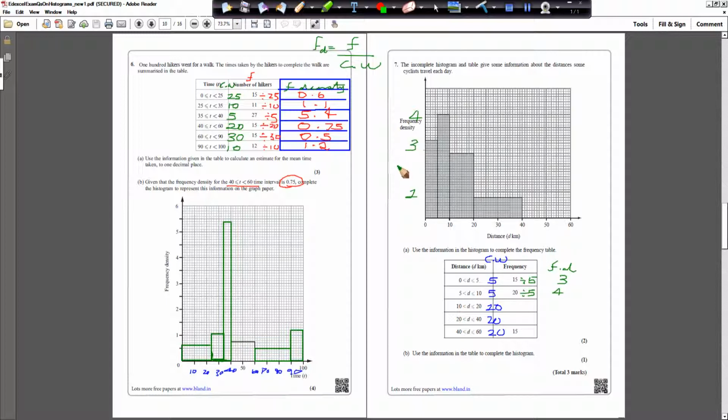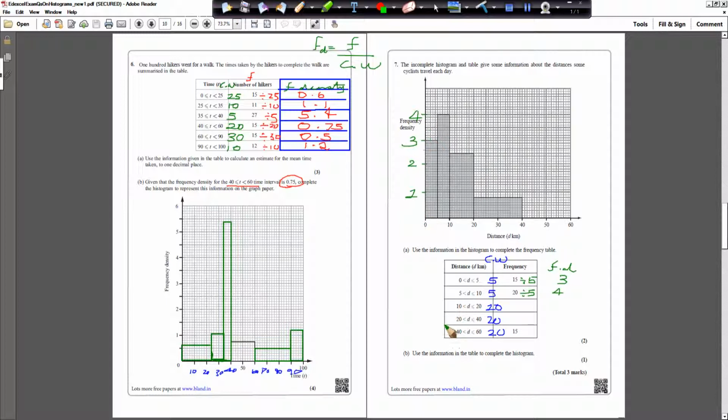I'm having difficulty with the lines here. Get back to 3. 3 is here, because don't forget you're going up to 3. So you've got 1, 2, 3, 4. So we've calibrated our scale.